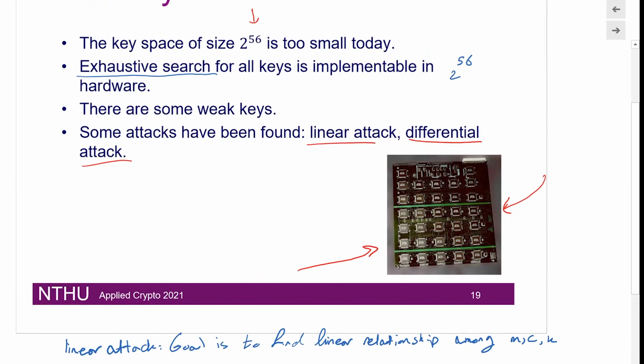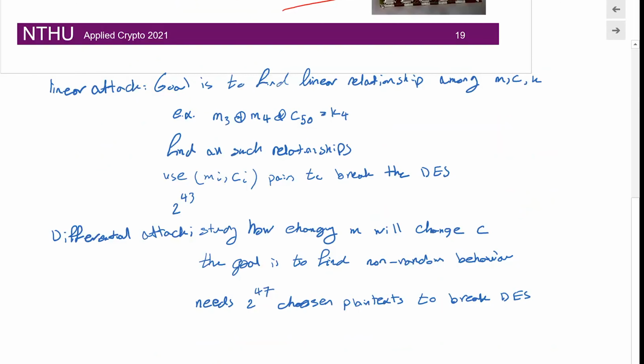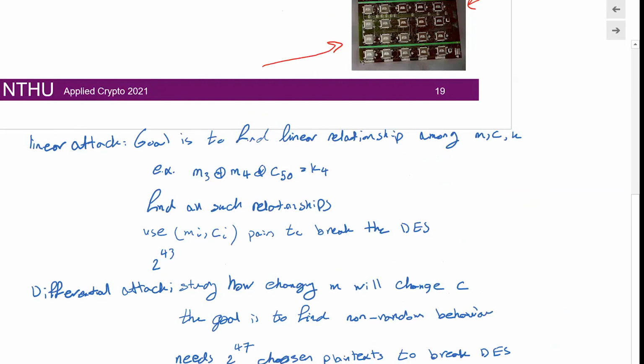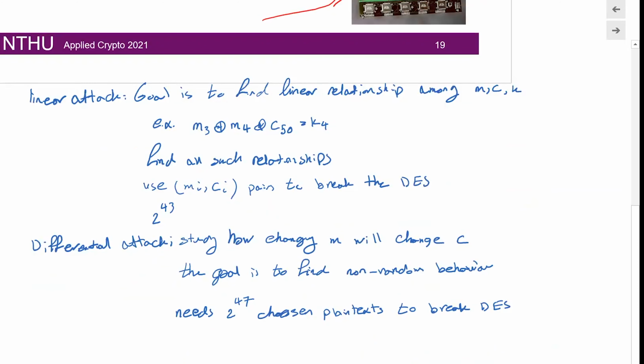So if this circuit can break this algorithm in a few hours, using these ideas, ideally, in theory, it should be able to break it faster. However, a lot of the time, especially the differential attacks are very theoretical and hard to implement, but we only use them to find a better upper bound for the security of the algorithms.